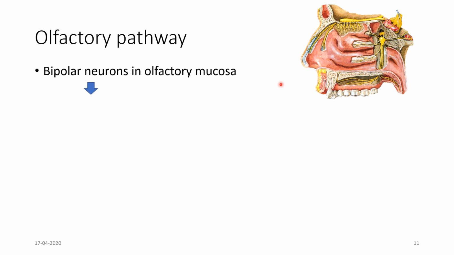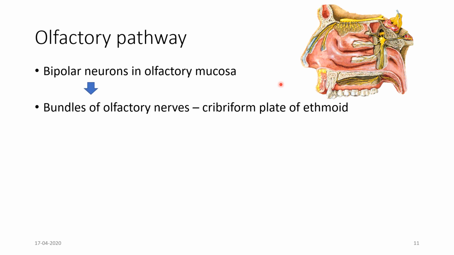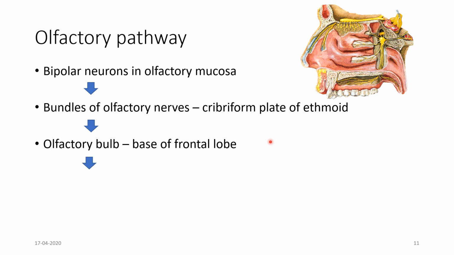From there, it will be going towards the base of the brain, passing through the cribriform plate of ethmoid bone as bundles of olfactory nerves. Then they go towards the olfactory bulb, which is seen in the base of the frontal lobe of the cerebrum.